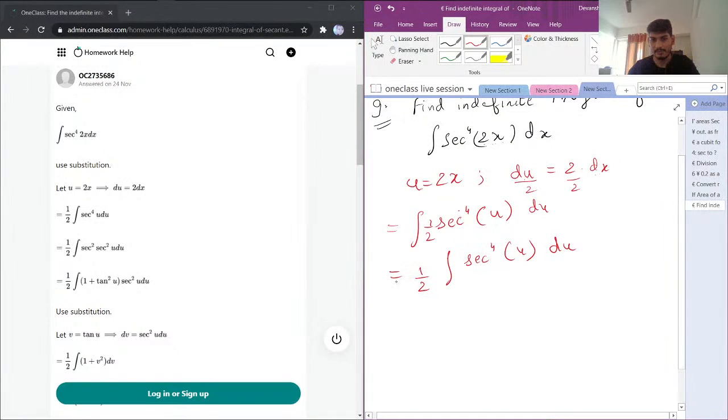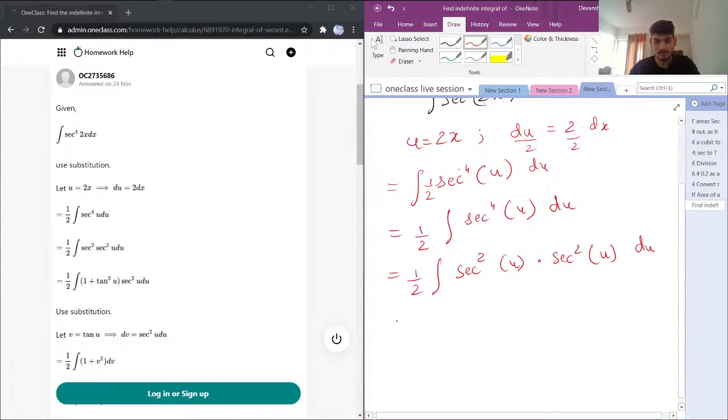Now I will write secant power 4 as secant square of u into secant square of u du.